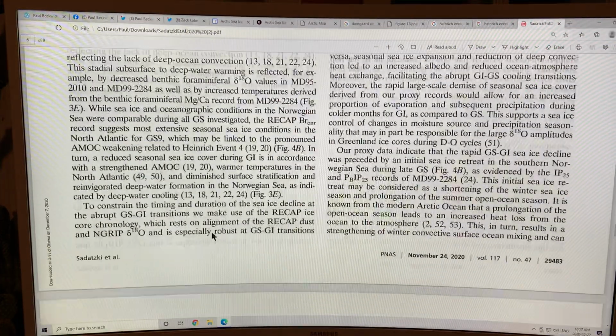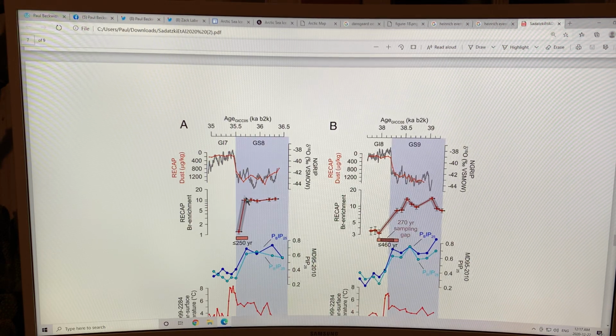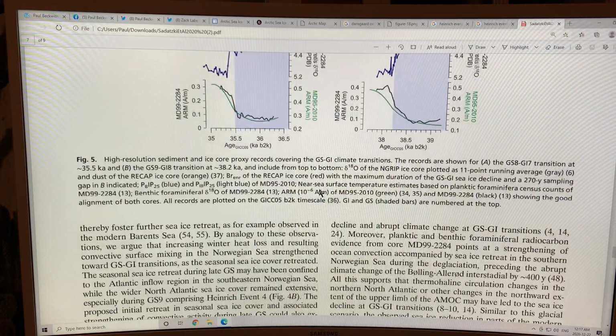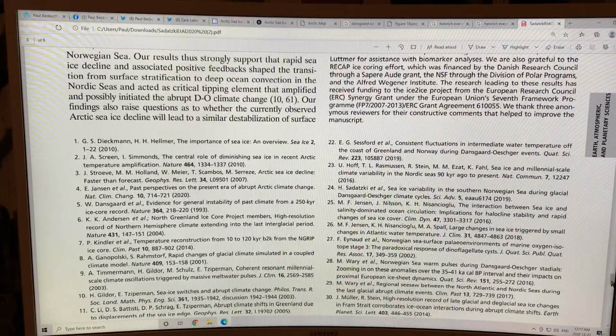Okay, so this was a world where there was a lot more ice. This is showing one of the cycles here, from 36,500 years ago to 35,000 years, right? And a rapidly increasing temperature here. Okay, so that's basically the gist of this.